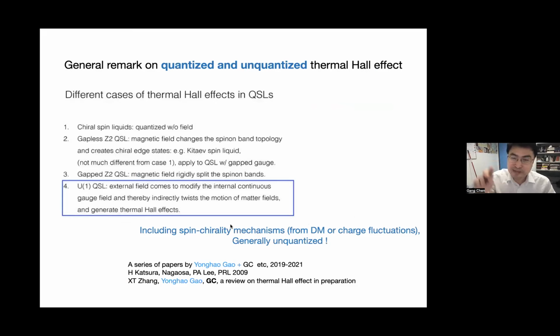So basically, you apply a field, and for the charge fluctuation case you can generate uniform spin chirality or uniform U1 gauge flux. For the DM interaction case, it will generate non-uniform gauge flux because DM interaction depends on the bond geometry, on the lattice, right? But always it will generate a U1 gauge flux distribution, right?